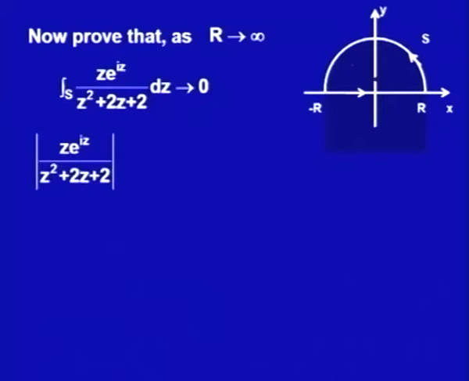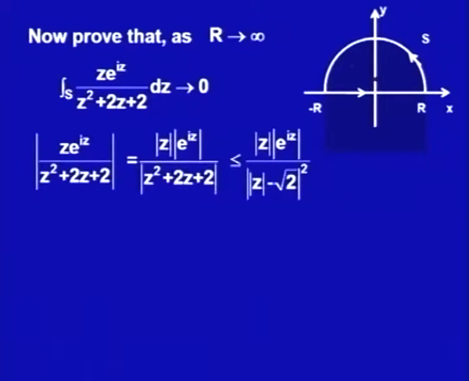If I take this function z e^(iz) upon z² + 2z + 2, we can write its absolute value as mod z times mod of e^(iz) upon mod of z² + 2z + 2. The denominator we can factor as (z + 1 + i)(z + 1 − i), and from there we can get the bound.